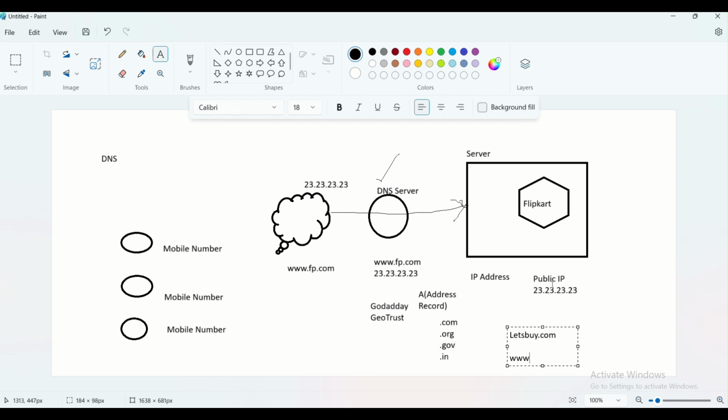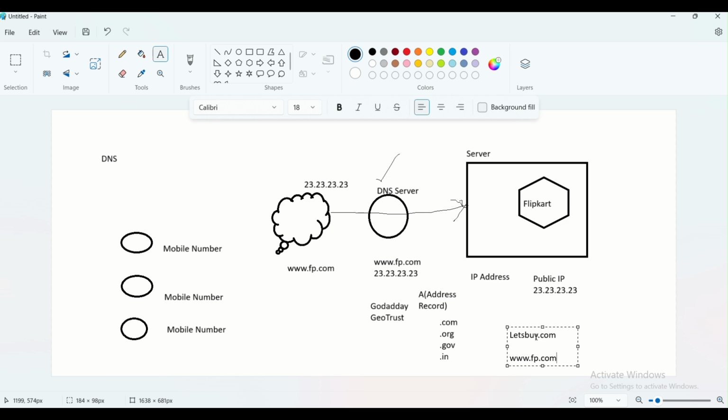That is called www.fp.com. Now, all of a sudden, if I change my host name to www.fp.com instead of letsbuy.com, people won't know the name, right? It is not that much of a market, and people won't know.